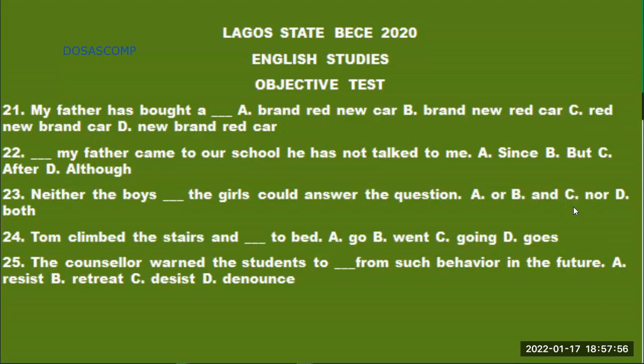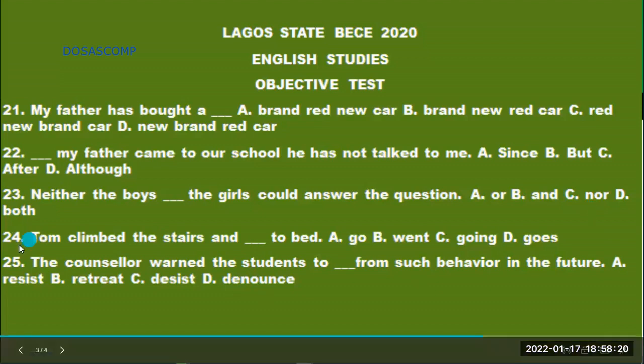Perfectly correct. So option C is accepted. Then option D, both. Neither the boys, both the girls could answer the question. Absolutely incorrect. Now option C is the correct one. No, neither the boys nor the girls could answer the question.